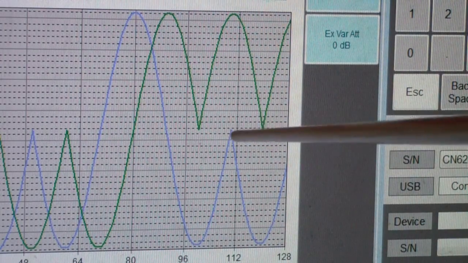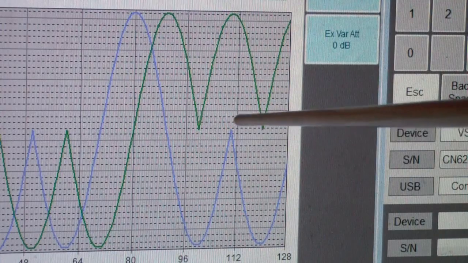Similarly, the I signal changes its direction when it is at zero.